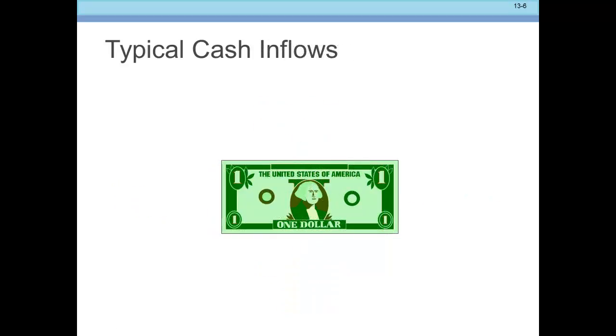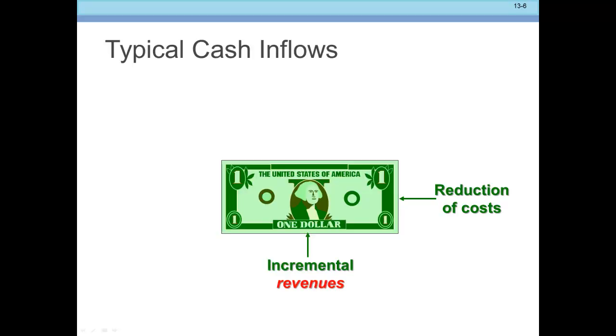In turn, we might have the following inflows of cash in our present value calculations. We may have a reduction of costs by purchasing a more efficient machine, or an increase in sales because we have more production. At the end of the project or life of the equipment, we might have a salvage value when we sell the equipment.